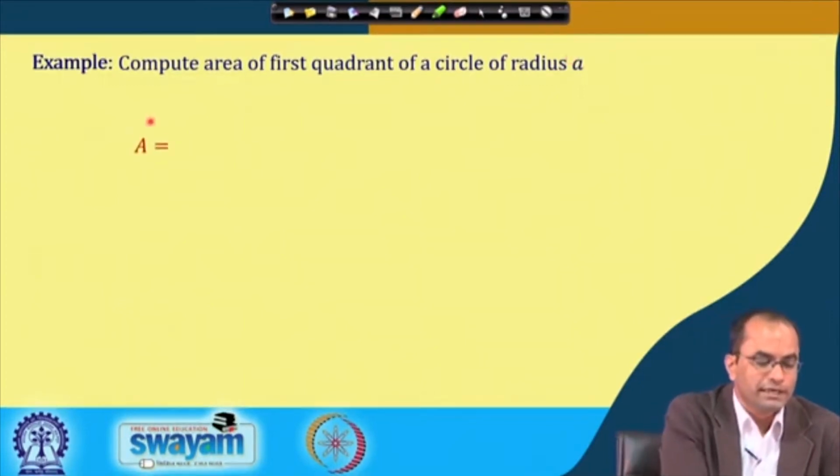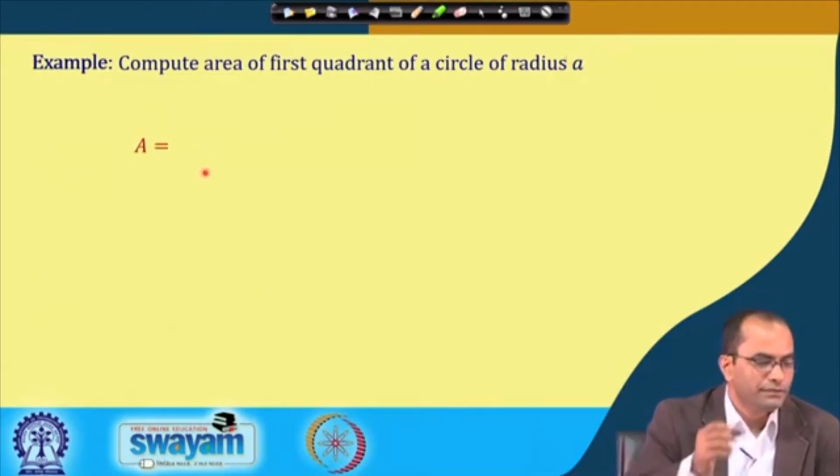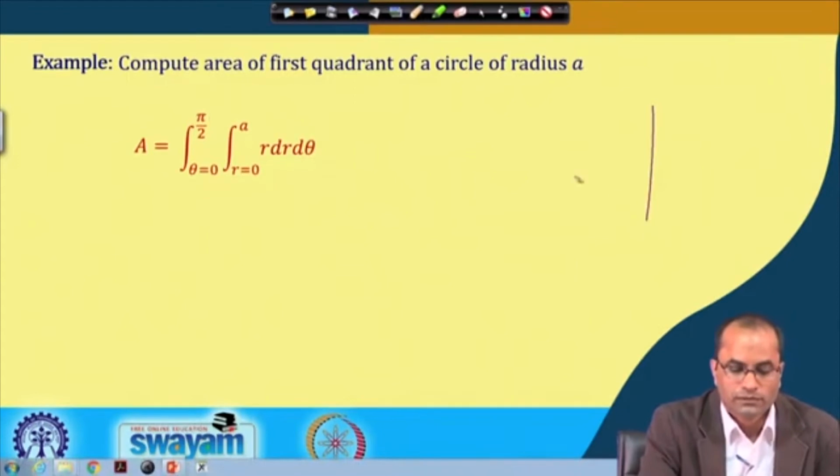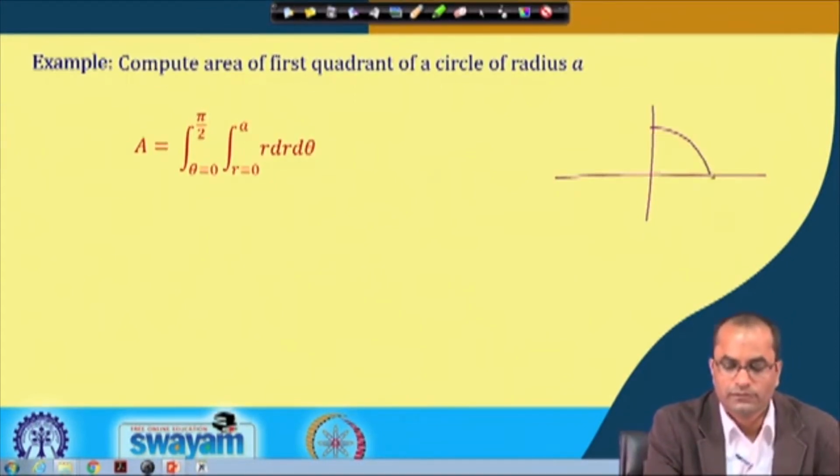Here the theta goes from 0 to pi by 2, because it is the first quadrant. So, here this is the circle and the radius is a.